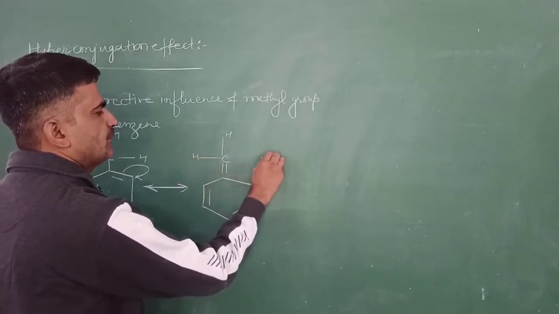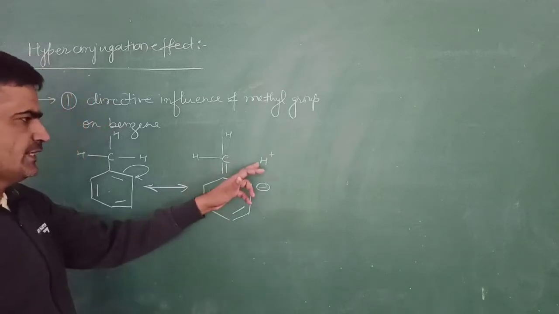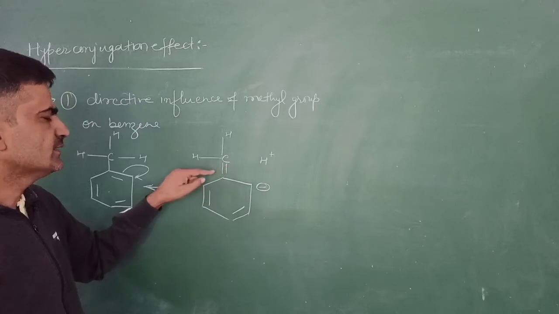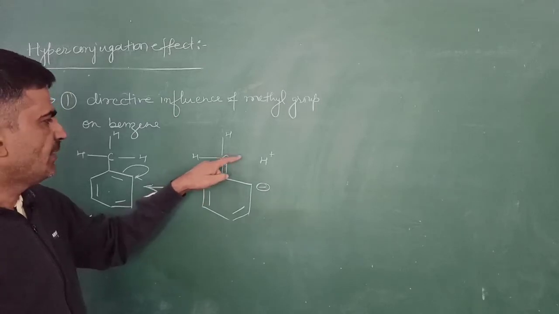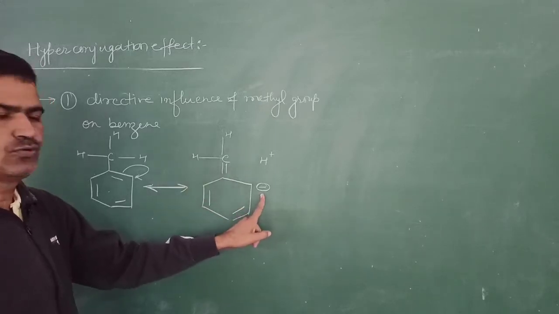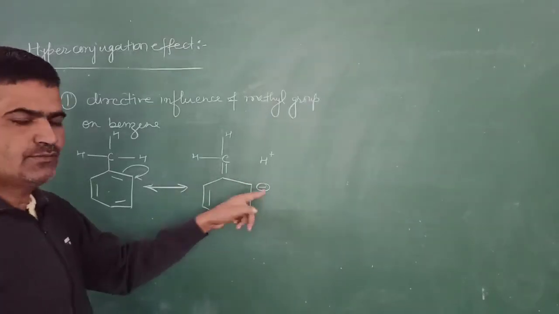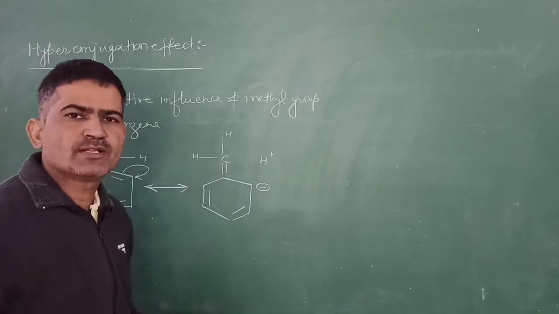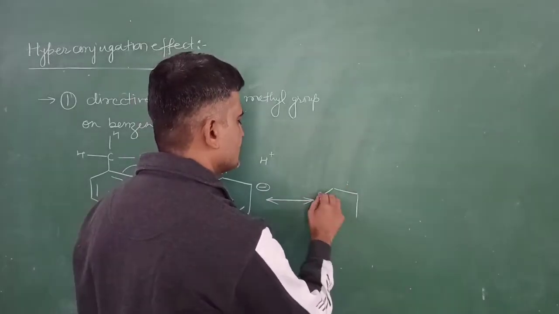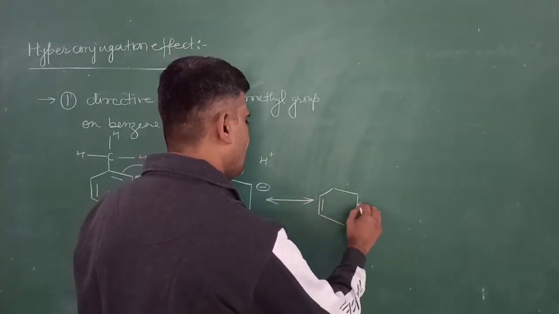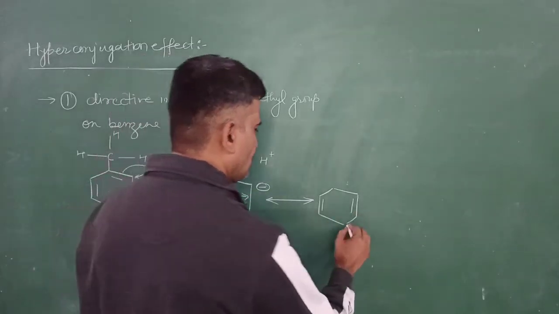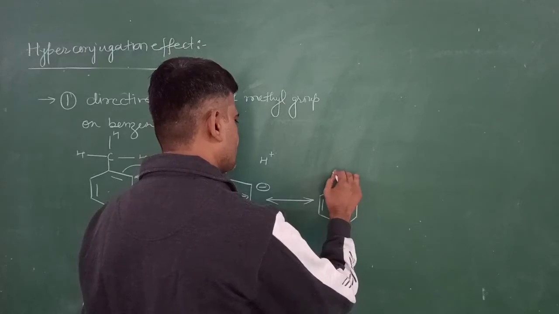This hydrogen gets positively charged, and it is not set free for movement because it is involved in hyperconjugation with these pi electrons. There is a sigma-pi electron transfer, and a negative charge appears at the ortho position. Now this negative charge is delocalized all over the benzene ring, and electron density will be created at ortho and para positions.